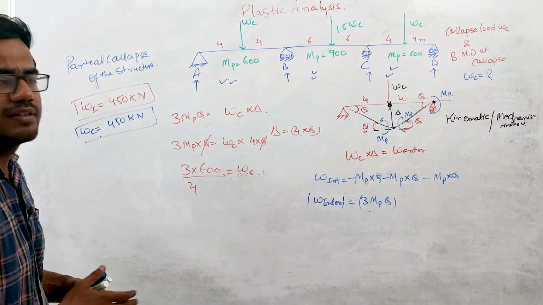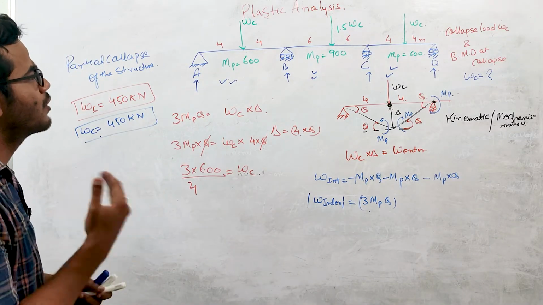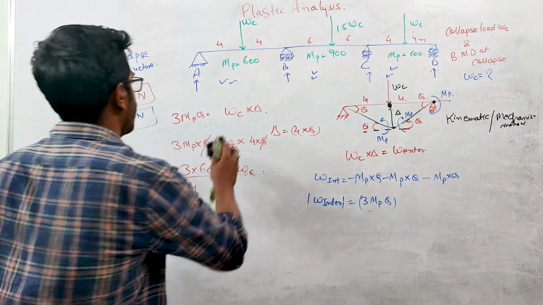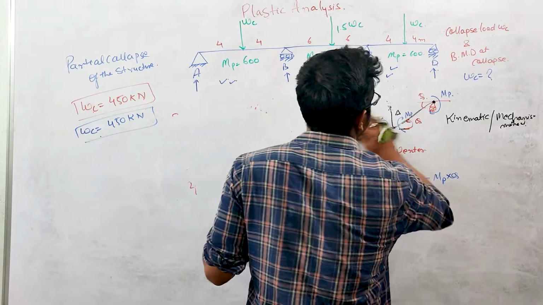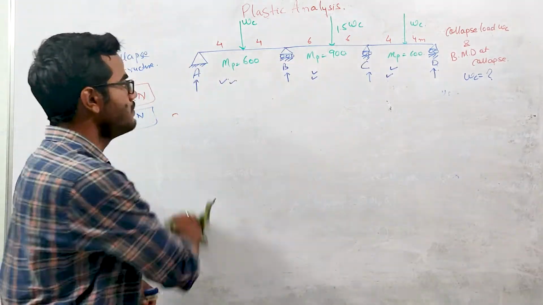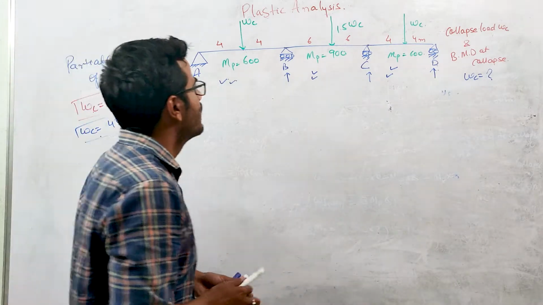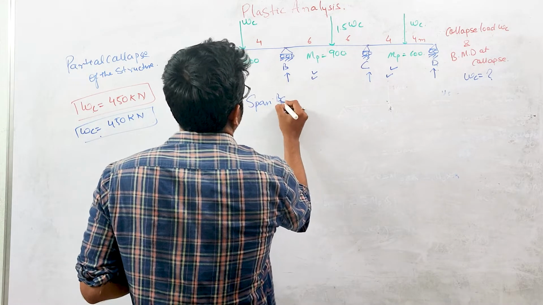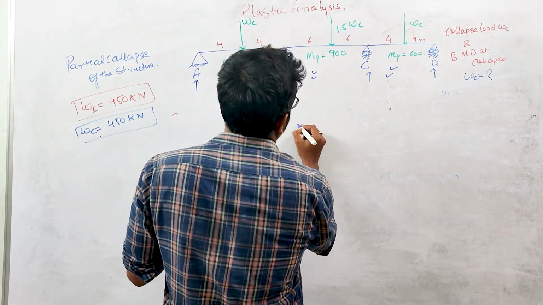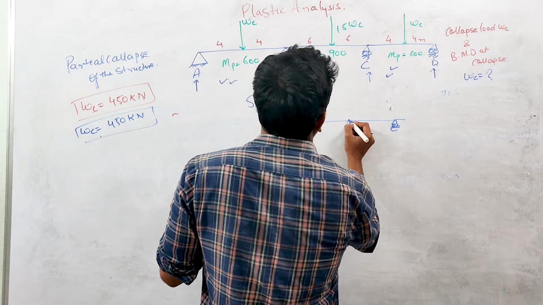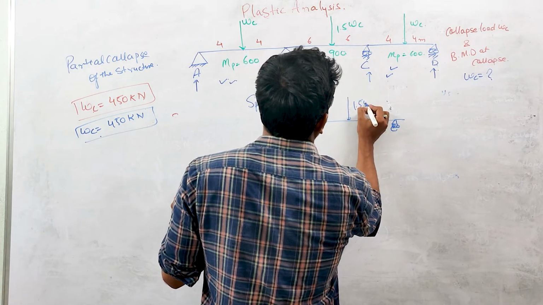Now let us consider the partial collapse of this span BC. So again, if you are considering the collapse of this span BC, so this is the BC span, and here this load 1.5 WC is acting.